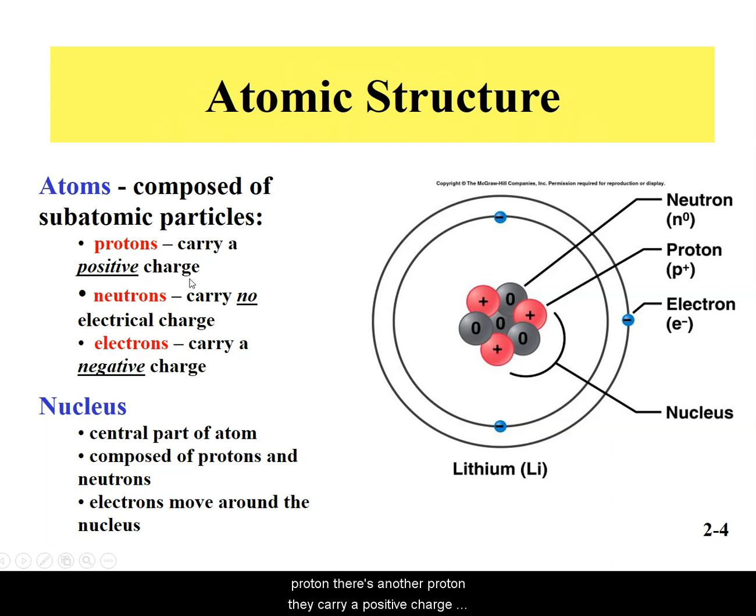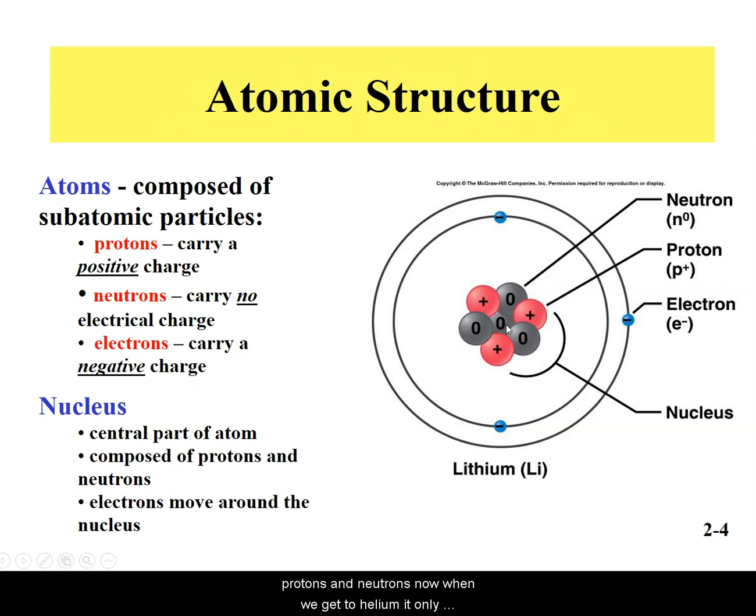They carry a positive charge, so we have this little plus sign here that tells us that these are positively charged particles found in the nucleus of an atom. There are neutrons. Neutrons carry no electrical charge. They're neutral. So that's a neutron, that's a neutron, that's a neutron, that's a neutron. Now, that is what the nucleus is made out of, protons and neutrons.